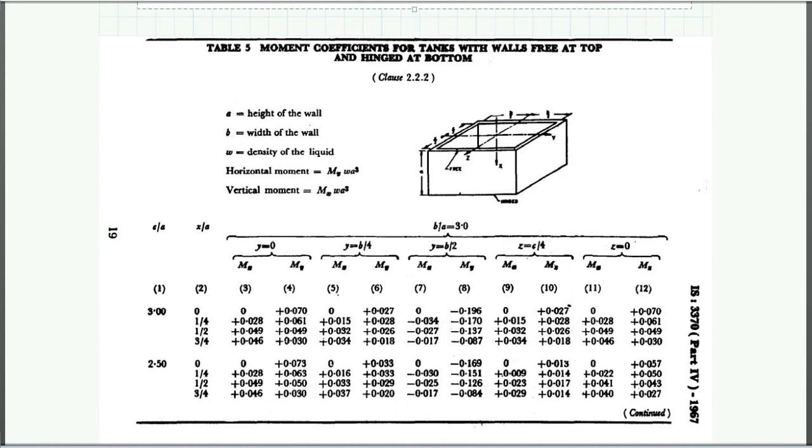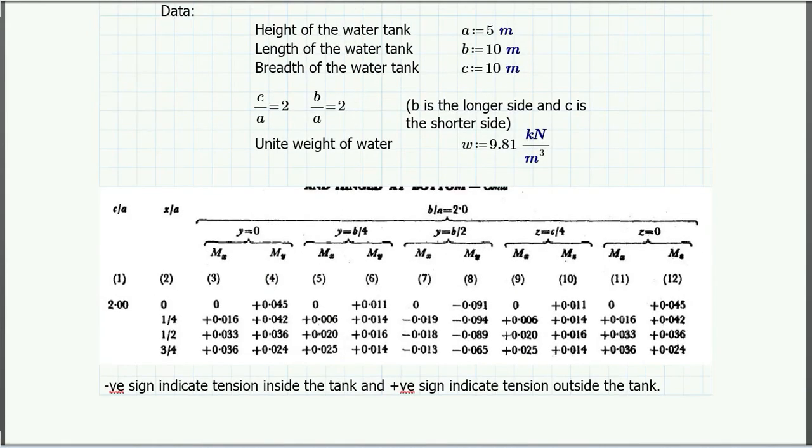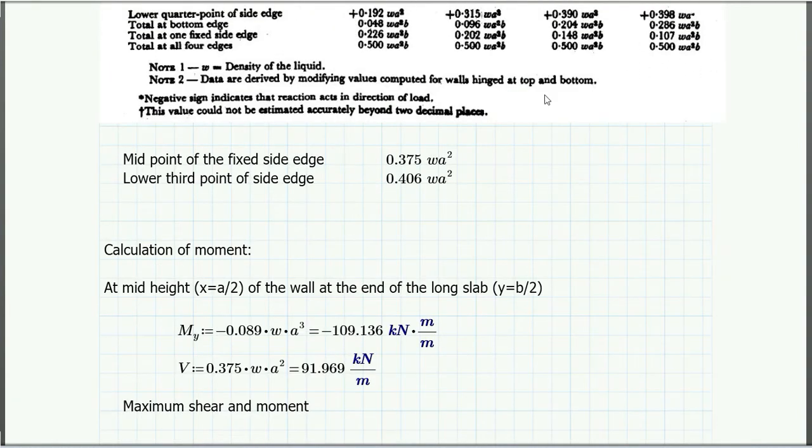So we will use this equation. Now, as c by a is equal to 2 and b by a is equal to 2, we can find out the moment. And what is w? Basically w is the unit weight or density of the water. Okay, now let's calculate the moments.